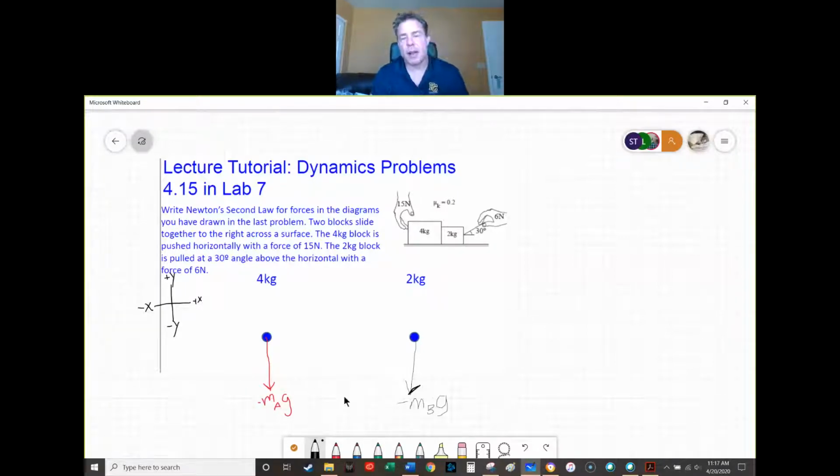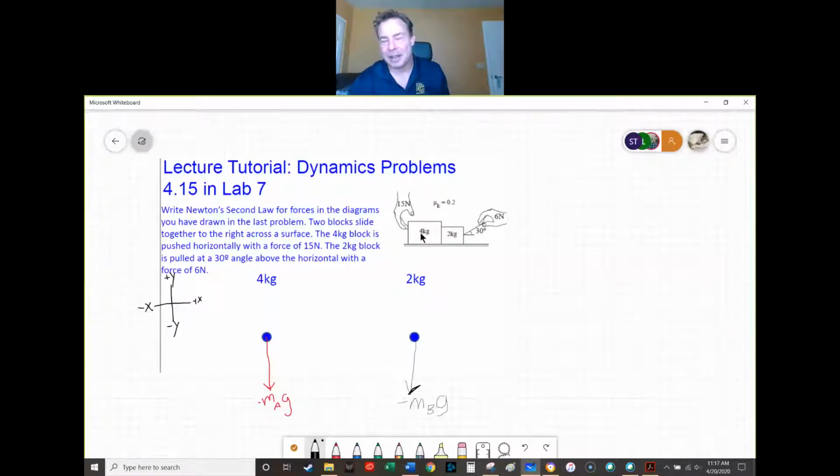Okay. So now let's just work on the 4 kilogram object right here. What is physically touching the 4 kilogram object? What do you guys think? Go ahead and unmute your mic and chime in. Right.